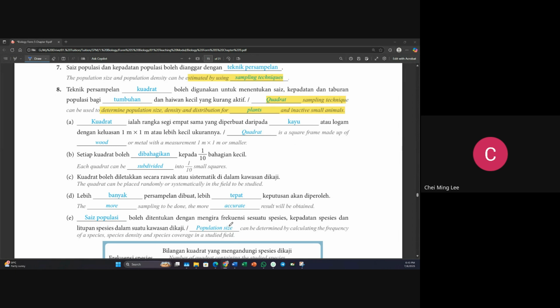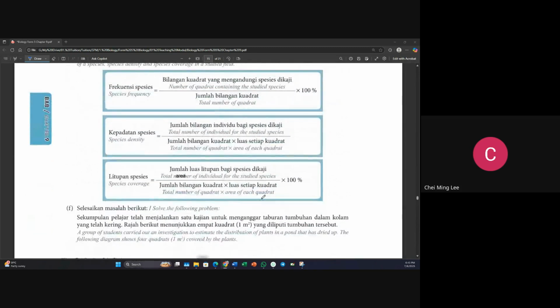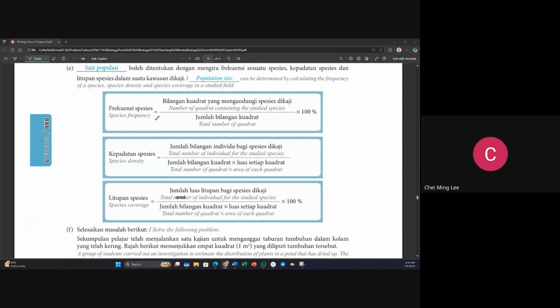Population size can be determined by calculating the frequency of a species, species density, and species coverage in a study field. These are the formulas involved. Species density is the number of quadrats containing the study species divided by the number of quadrats. Because the quadrat is like this.